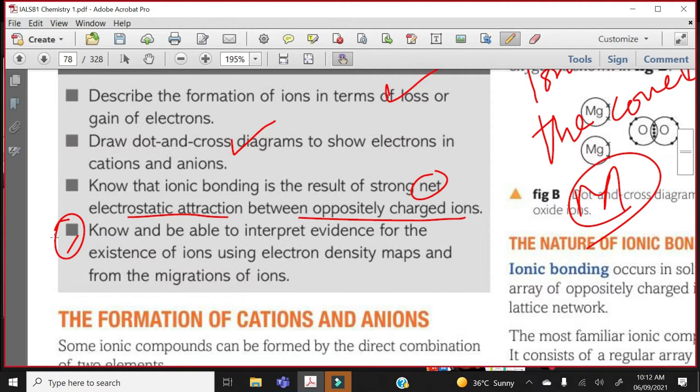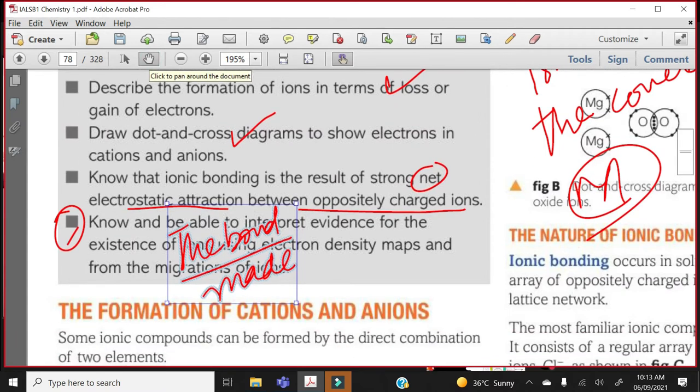What is an ionic bond actually? So my definition is, it is the bond made... First point now. The examiner is interested in this point.